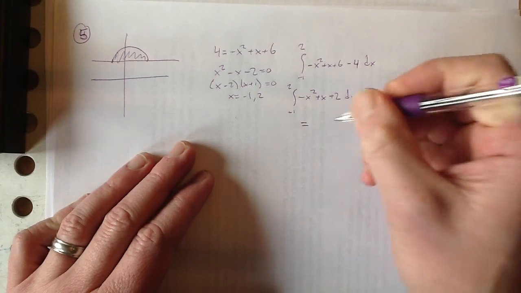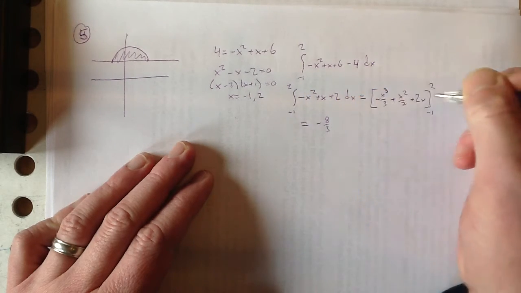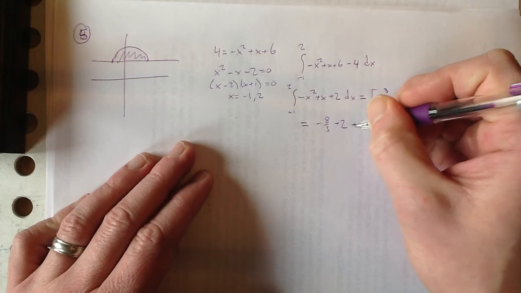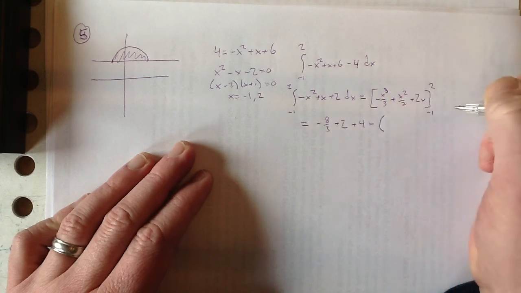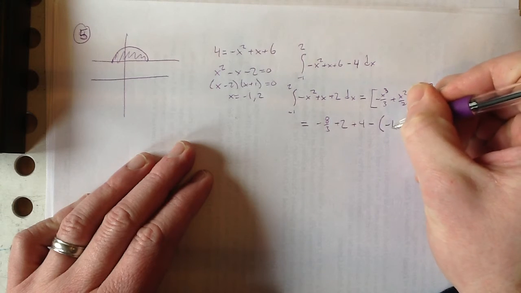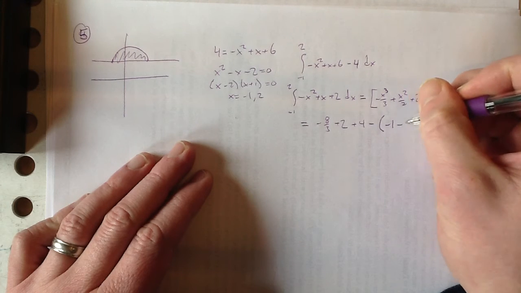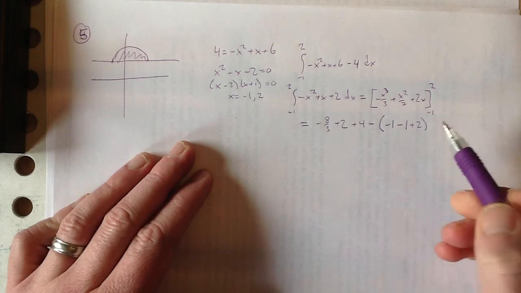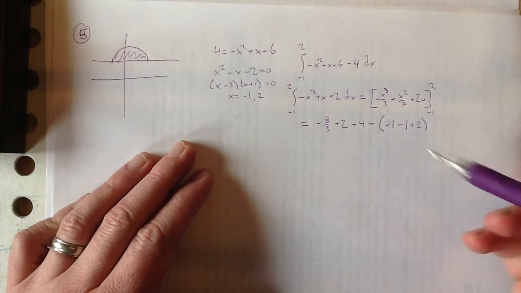Plugging 2 in there gives me minus 8/3 plus 2 plus 4, minus, plugging negative 1 in here, I get minus 1 minus 1 plus 2, and, oops, sorry, minus 2, isn't it?